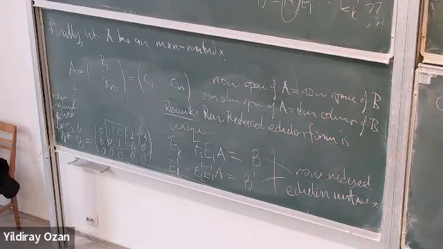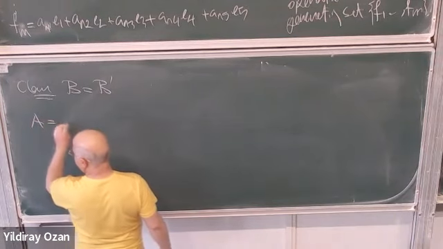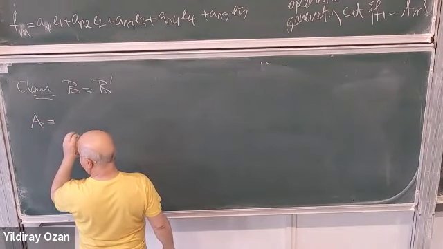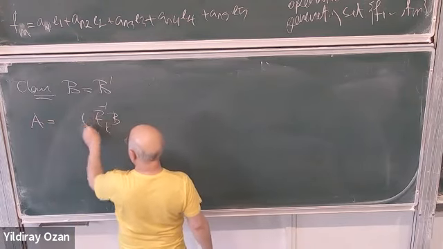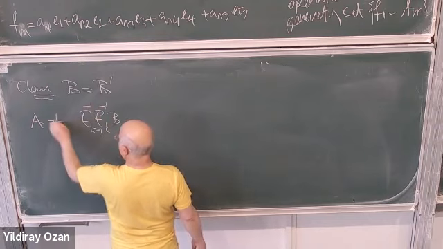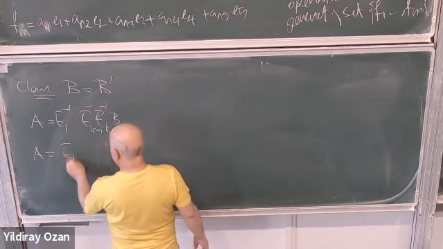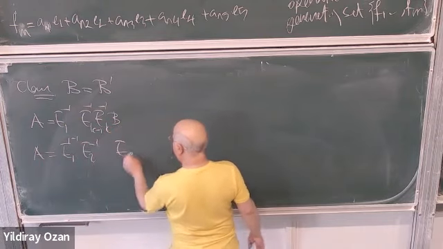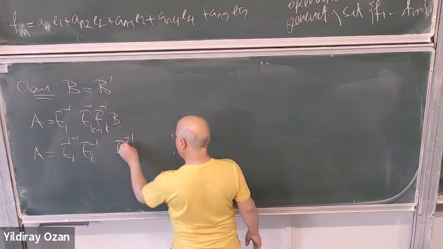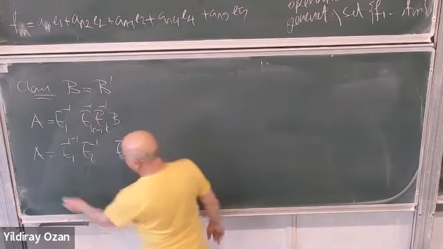Now I claim that they are the same. Why is that? What is A? A is just B times EK inverse, EK minus 1 inverse, up to E1 inverse, and A is also E1 prime inverse, E2 prime inverse, up to EL prime inverse, times B prime. Since they are equal, I have this.